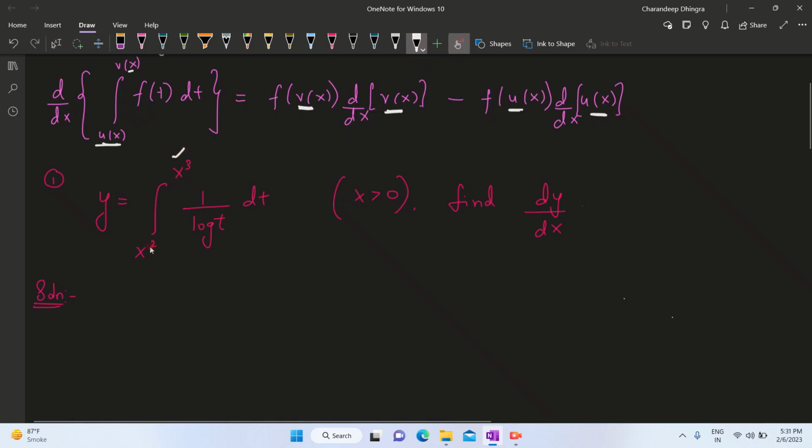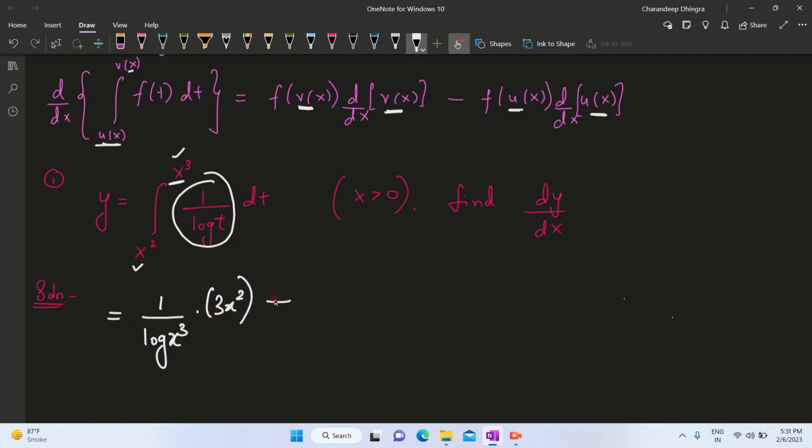So this is the upper limit, this is the lower limit, this is the function f, and let's apply Leibniz rule. So f in this case is 1 upon log, and you put the upper limit, that is x cube, into the derivative of the upper limit, which is 3x square, minus f of the lower limit, so 1 upon log of x square, into the derivative of x square, which is 2x.